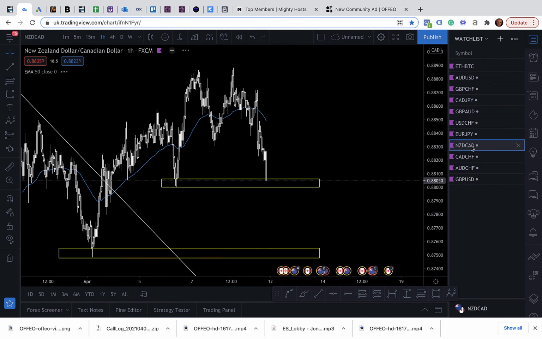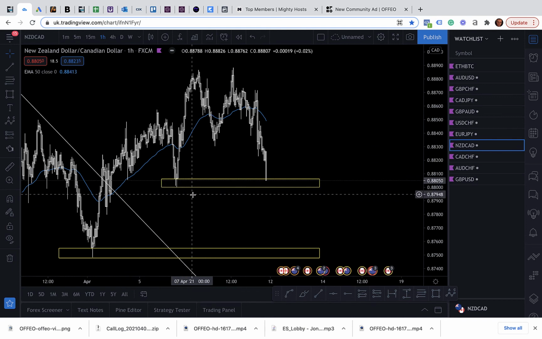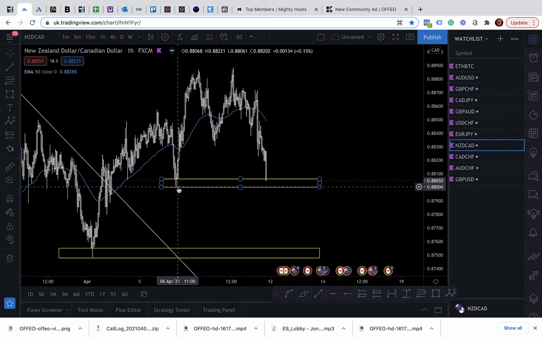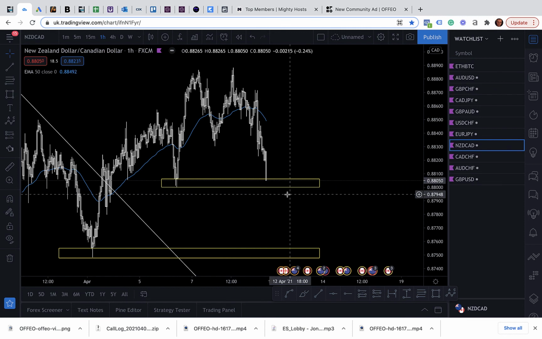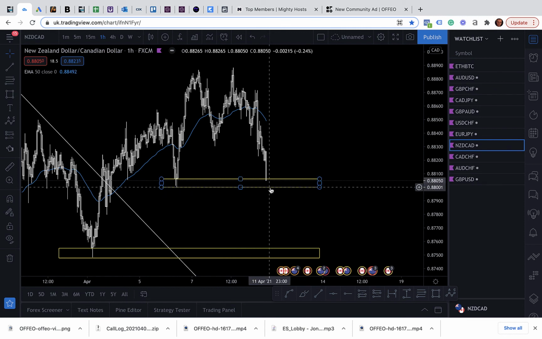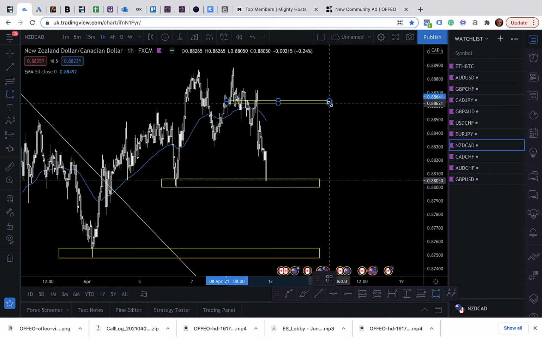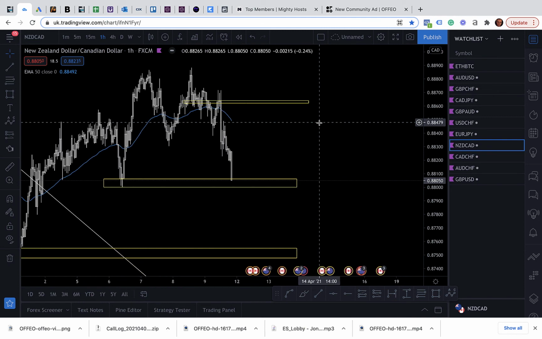NZD CAD, last pair. Again, I'm expecting a double top at this 1 hour support here, tight to the candle body, right to the end of the wick. So we are looking for price action to have a nice reaction at this level, and then of course it'll be nice and simple back to the top of these highs here.